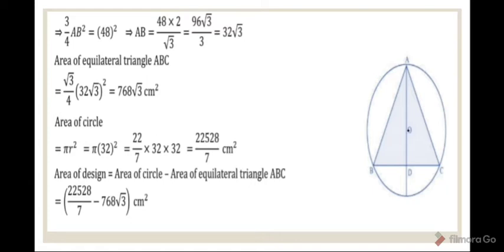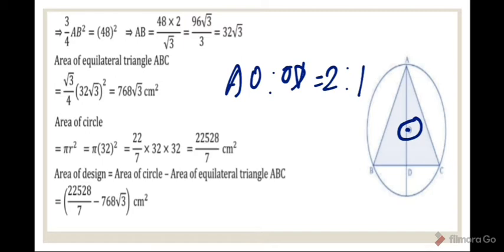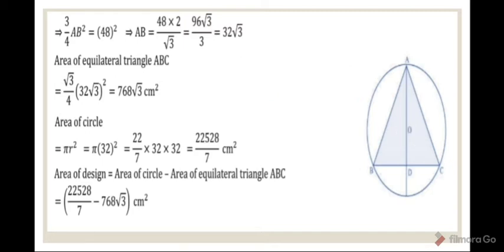That means this O is the center of the circle as well as the centroid of the triangle. And you also know the centroid of the triangle divides the median in 2:1 ratio. So you can say that AO is to OD is equal to 2:1, right?